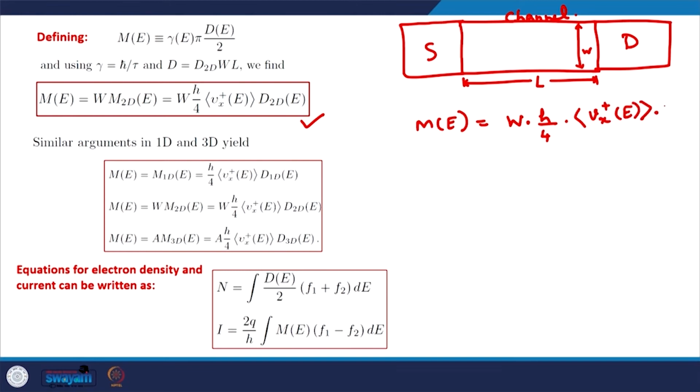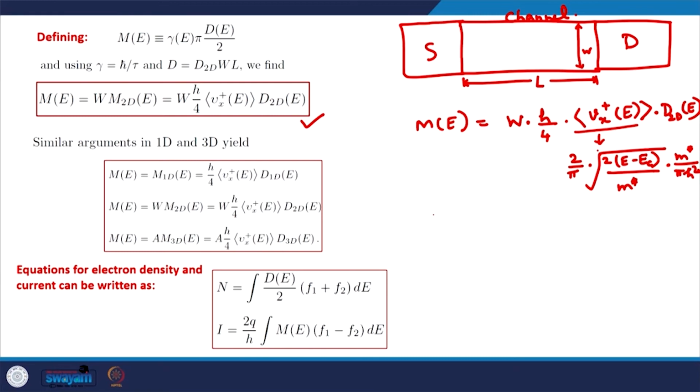Please work out these derivations on your own as well, because until you do that you won't understand them properly. So the expression for the positive velocity in the x direction is 2 by pi times the square root of 2 times (E minus EC) divided by m star, and this dD/dE is m star divided by pi h bar squared.